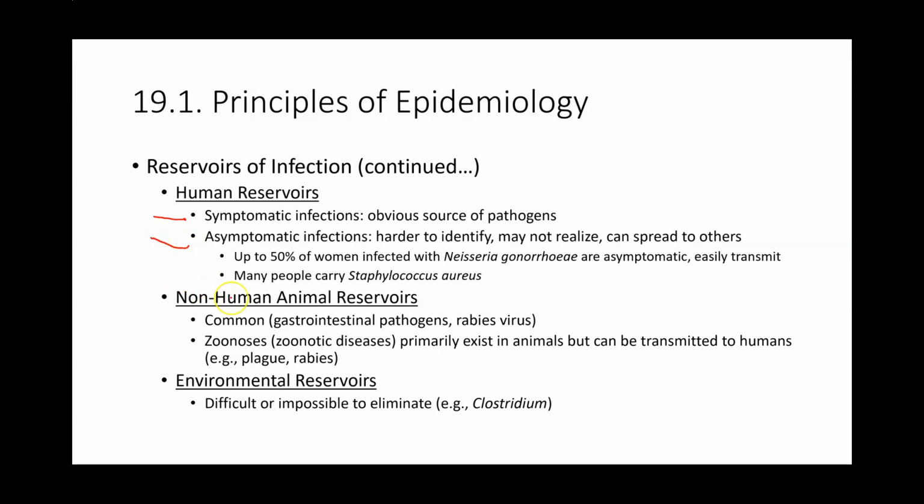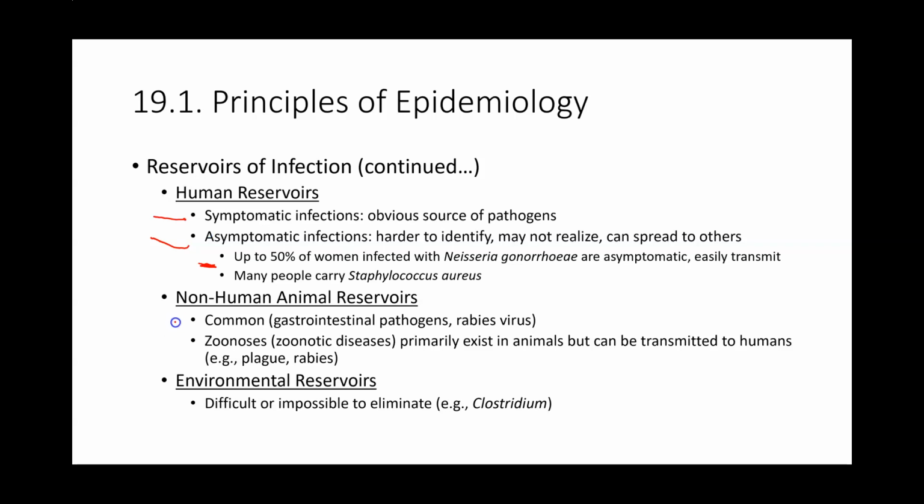Remember, Mary Mallon had typhoid fever bacteria, Salmonella enterica serotype Typhi, and she did not get sick because she was an asymptomatic healthy carrier. Another example: 50% of women infected with gonorrhea are asymptomatic, but they can still transmit the disease to their partner.